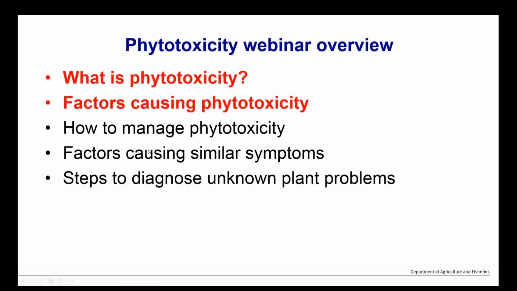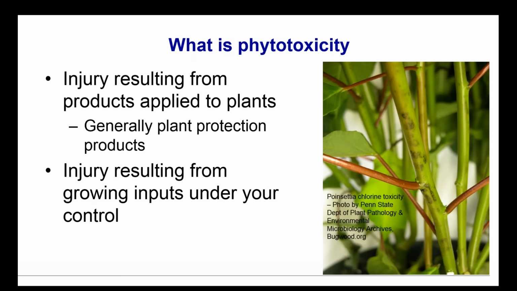Okay, so first section is, what is phytotoxicity? What are the factors that cause a phytotoxicity, a phytotoxic reaction? So in a broad sense, phytotoxicity is normally thought about as a reaction by plants caused by something, a plant protection product. We can broaden that a little bit.